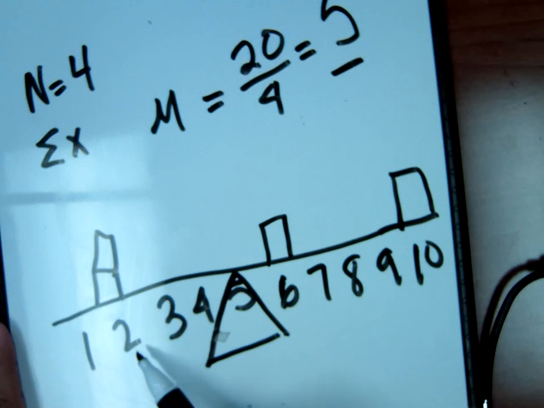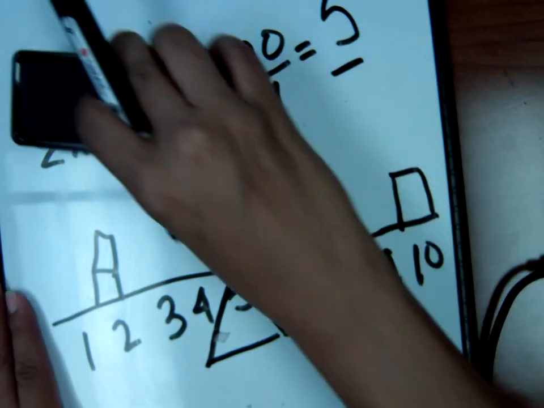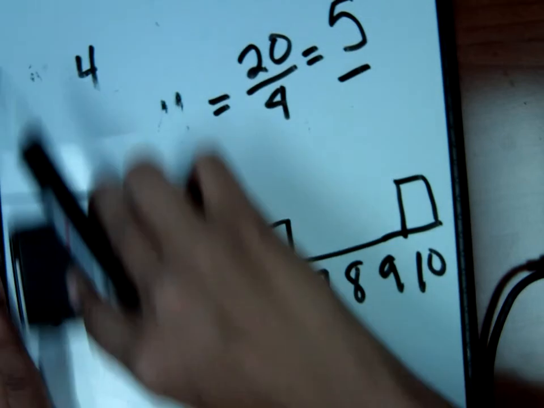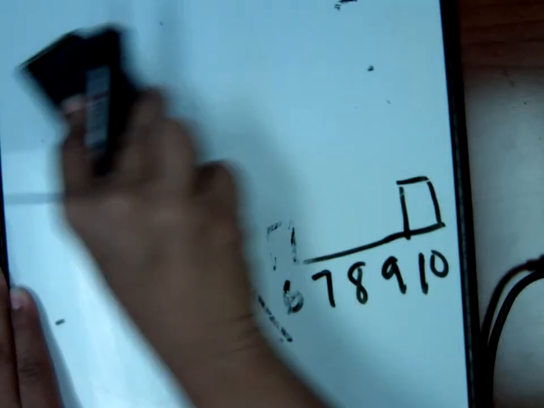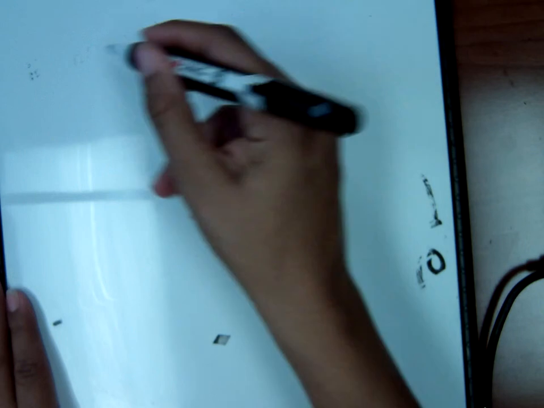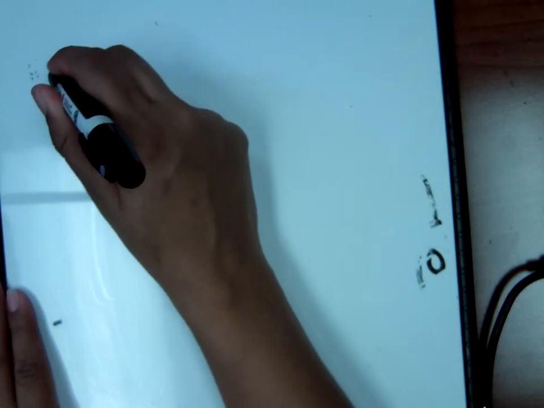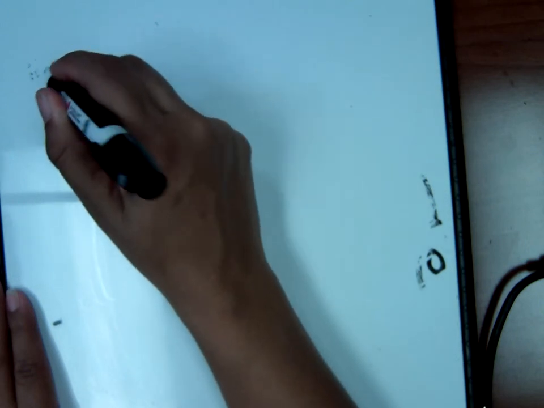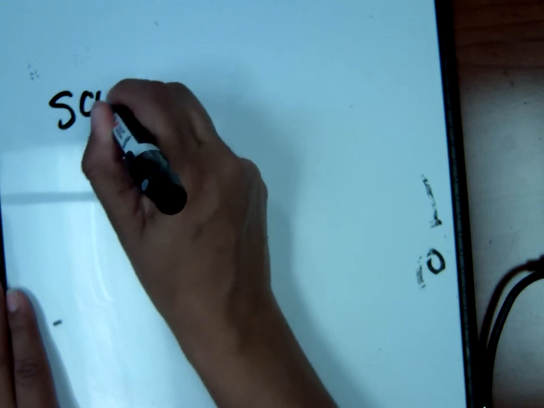So if you think about it, if I have x equals 2, where x equals 2, if the mean was already 5, so my scores, which numbers am I talking about?